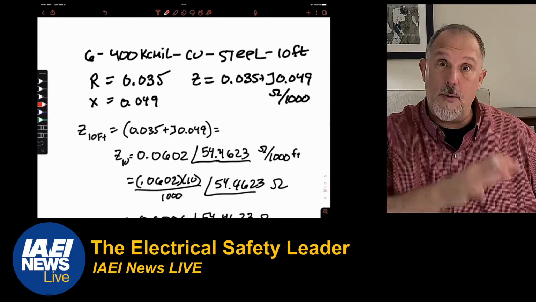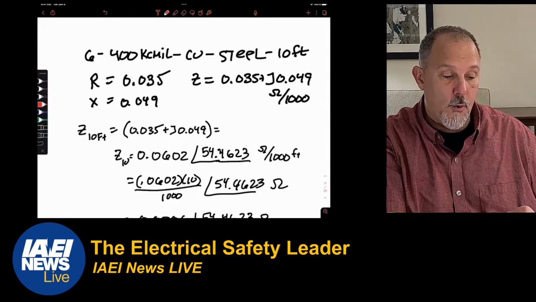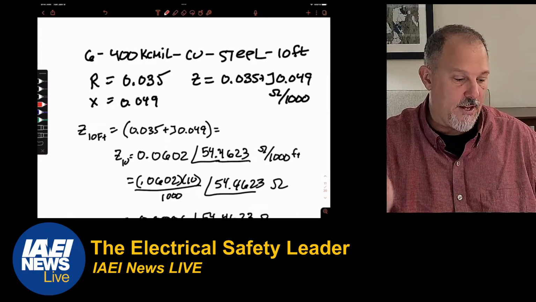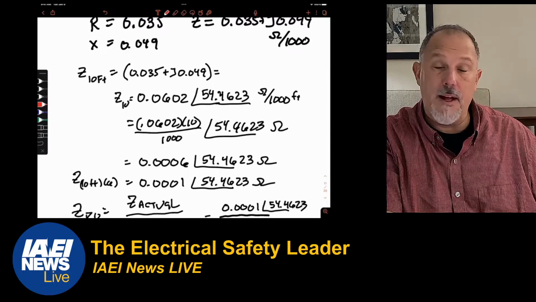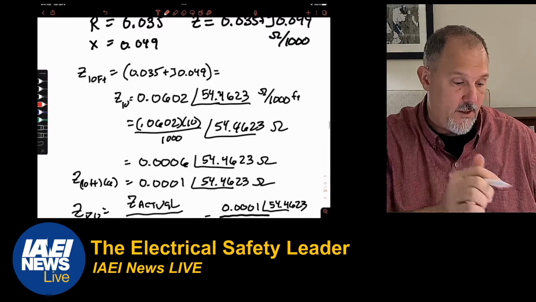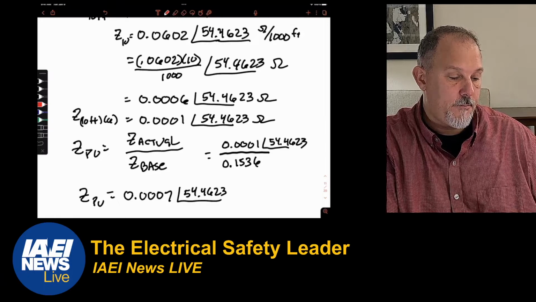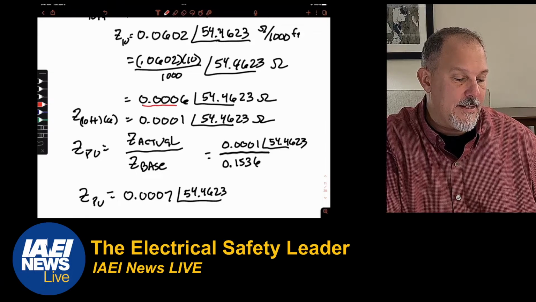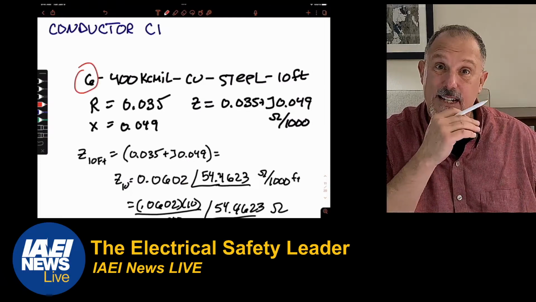Conductor 1, we already went through this last. We have the R of 0.035 plus 0.049 ohms per 1,000 foot. We have to multiply by 10 over 1,000 to get it to ohms per foot. And then I have to divide that by 6 because there are 6 conductors in parallel.